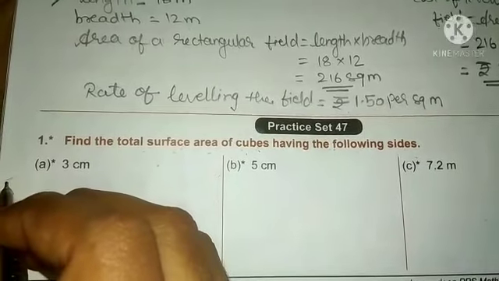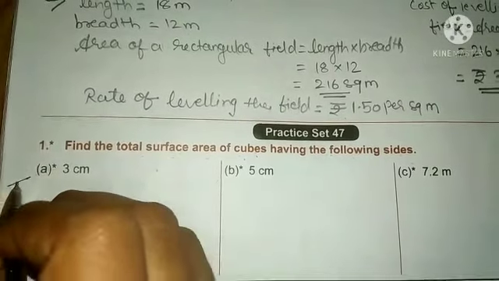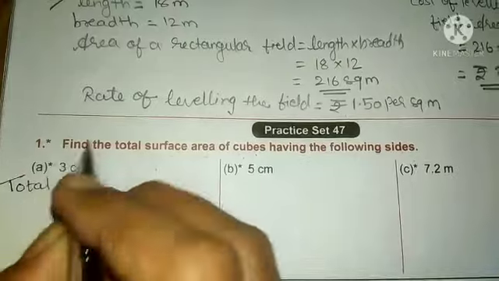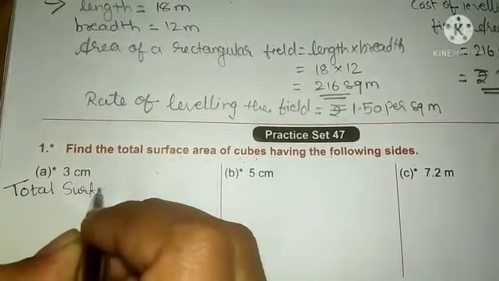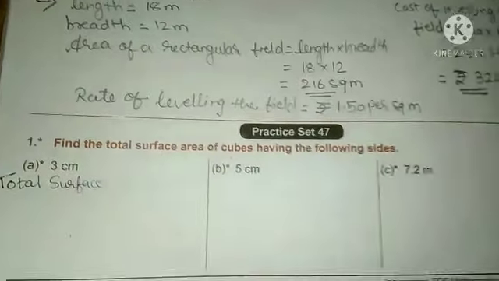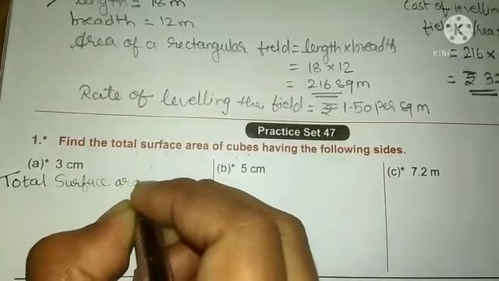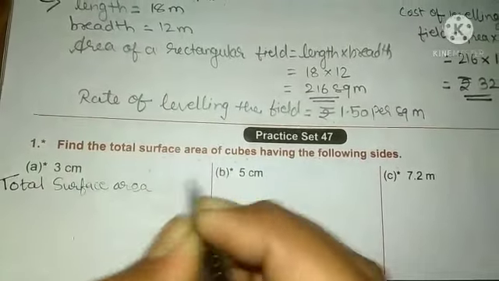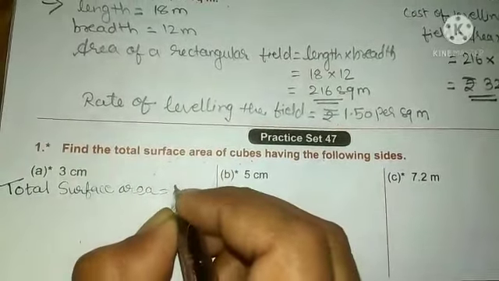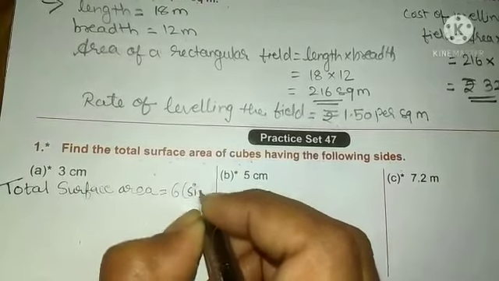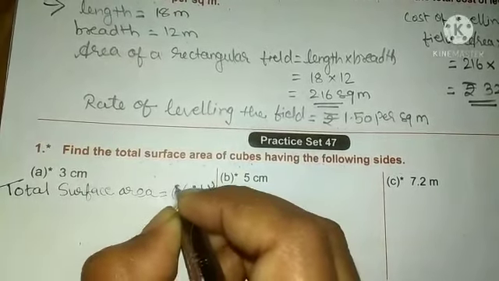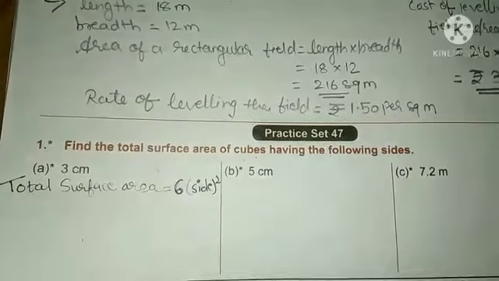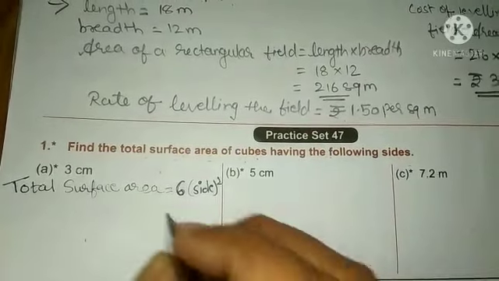First of all we will use our formula, that is, total surface area is equal to 6 side square. We have to use this formula to find the total surface area.